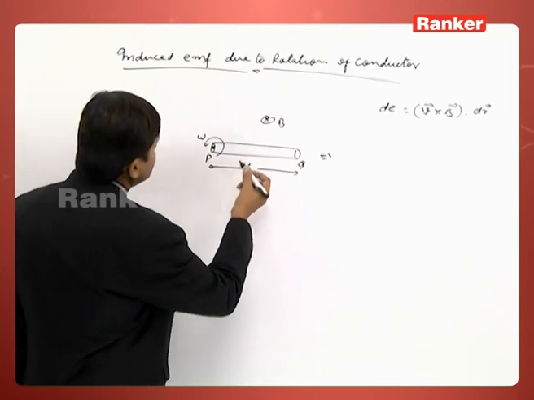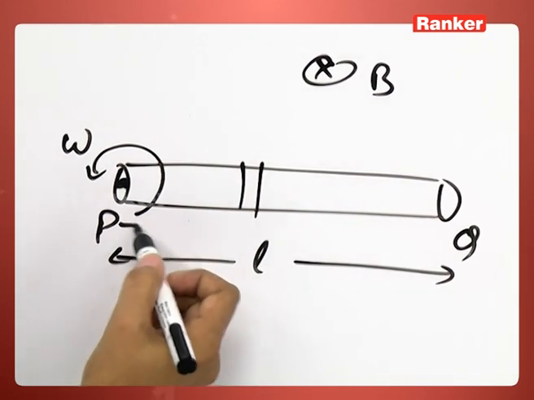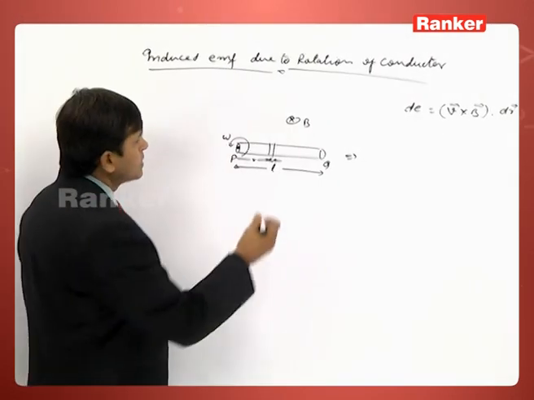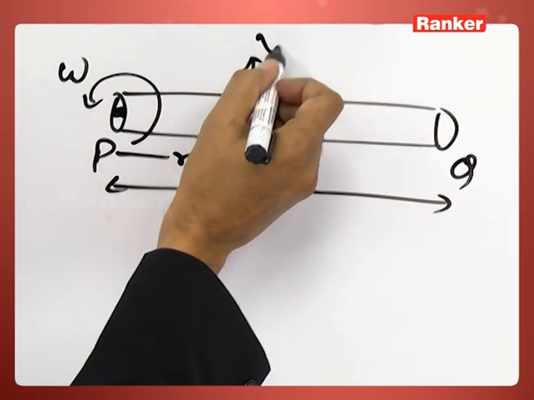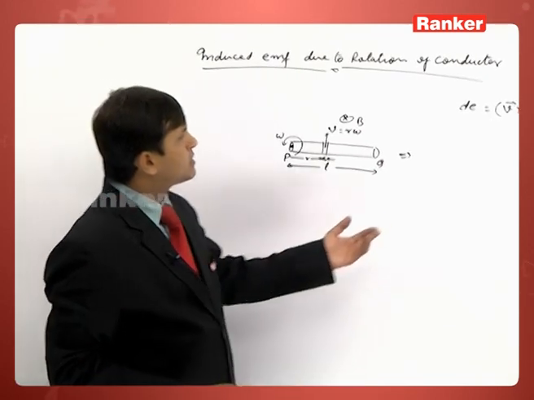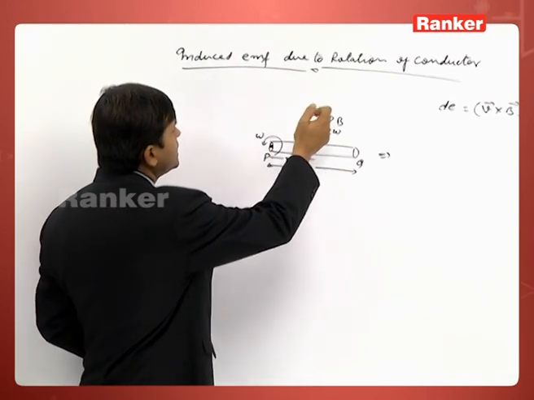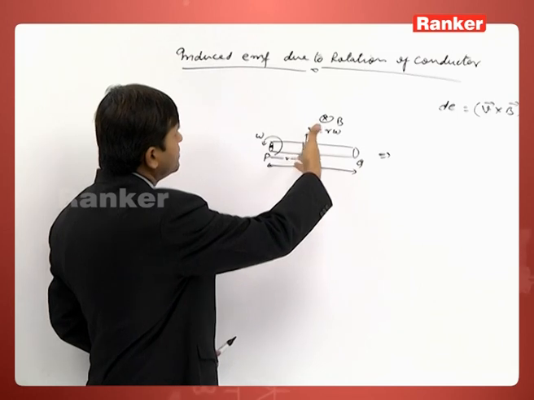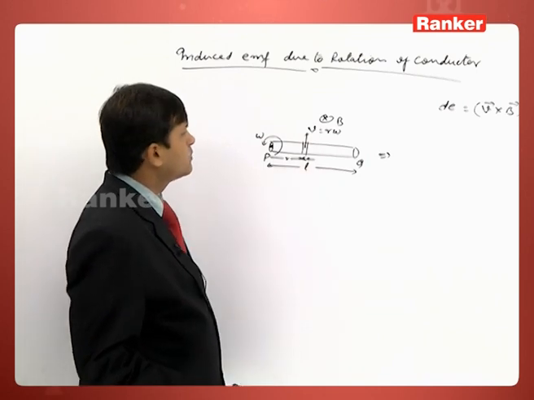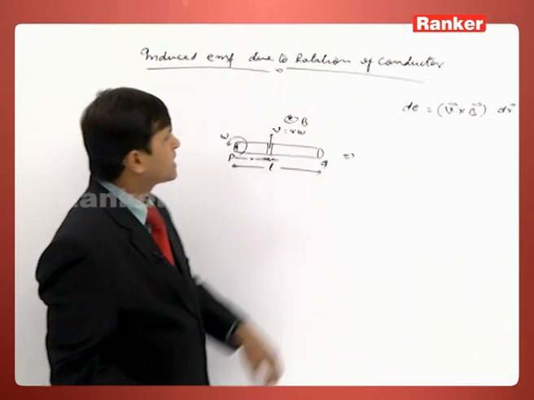So first we will see how to calculate that EMF. Let us take a small element dr at distance r. The velocity V of this is written as r into omega. Now, according to the polarity, V cross B: V is in the upward direction, B is in the inward direction, so V cross B is towards the left side. So P will be at higher potential than Q. And now between these two points, how much EMF is induced, we can get from here.